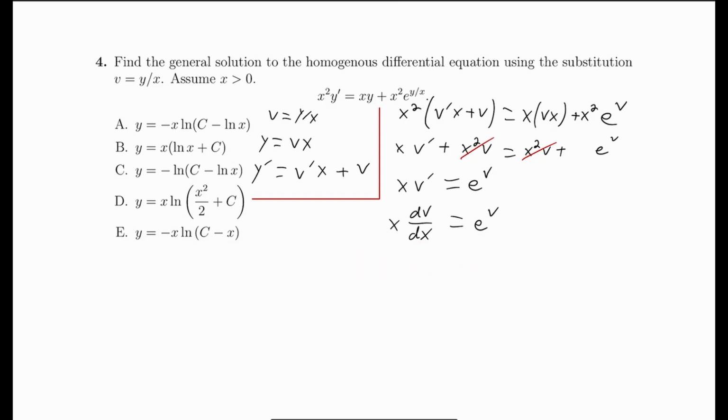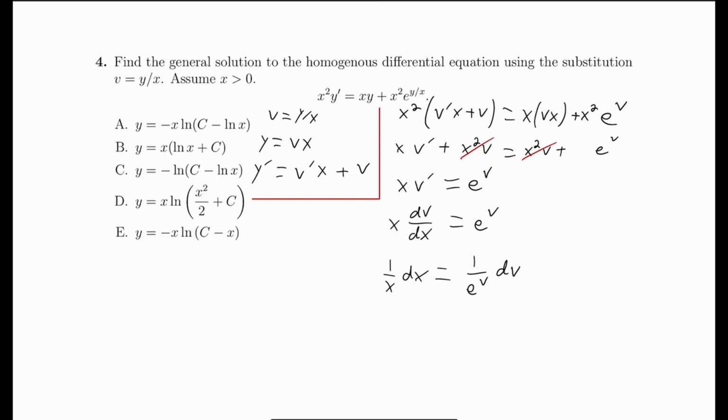That will leave us with 1 over x dx equals 1 over e to the v dv. Again, I just divided an x from the left-hand side, multiplied by dx on both sides, and divided by an e to the v on both sides.